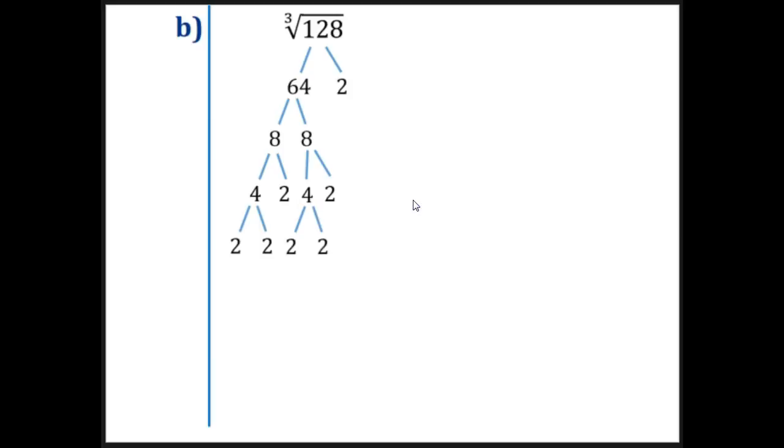So now, let's look for sets of 3. I've got a set of 3 here, and a set of 2 here, another 2 here, and another 2 here. So I have 2 sets, right? So I'm going to pull both of those out, but I have to multiply them together outside of my root.